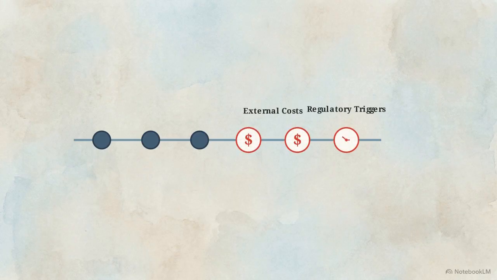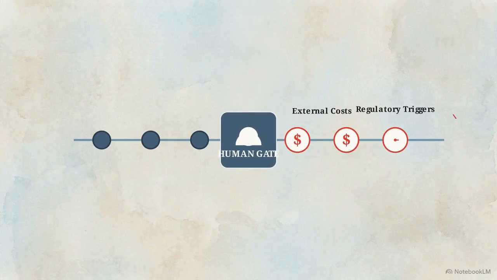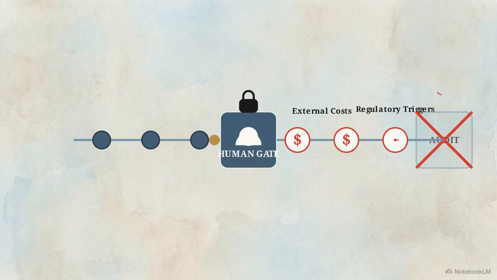This timeline visualizes the exact correct placement of human checkpoints. A human gate must be inserted immediately prior to any sequence containing external costs or regulatory triggers. The rule is non-negotiable. Irreversible actions must be mathematically gated beforehand. They cannot be arbitrarily audited after the fact.